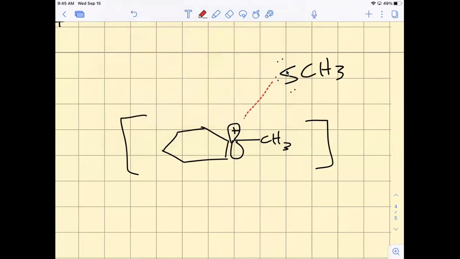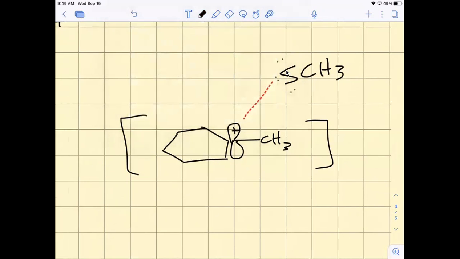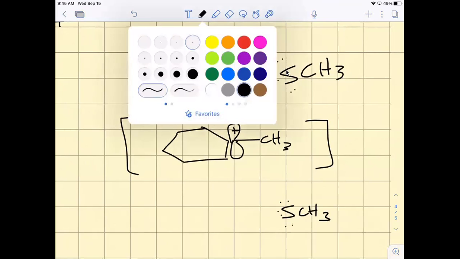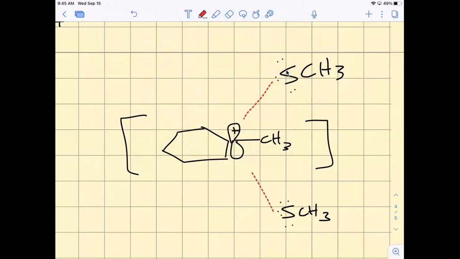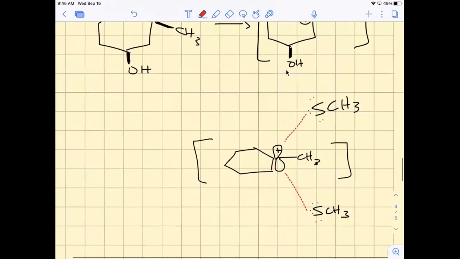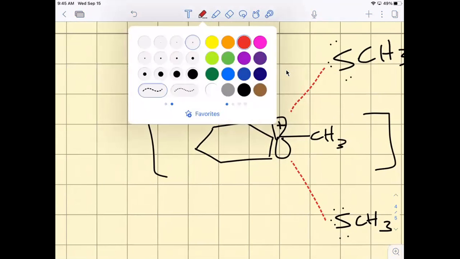Right, so it can come here, or it can come from the bottom side. It's at either side. Let me put my OH back in.